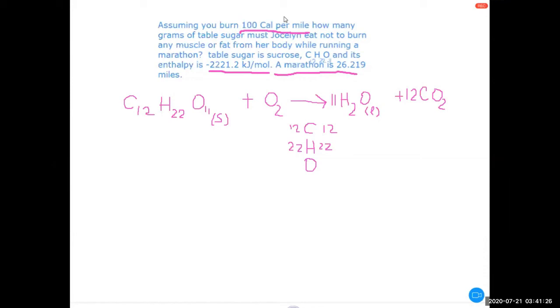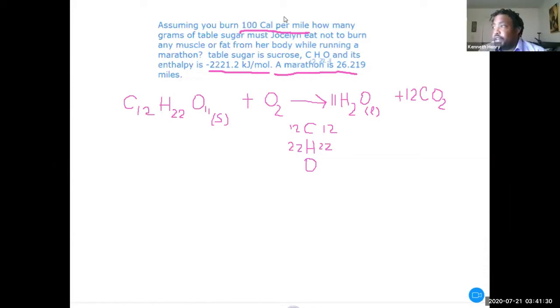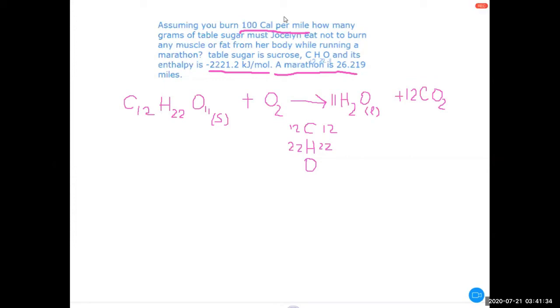It's 35. It'll be a 35. 35 over 2 on the O2. Okay.